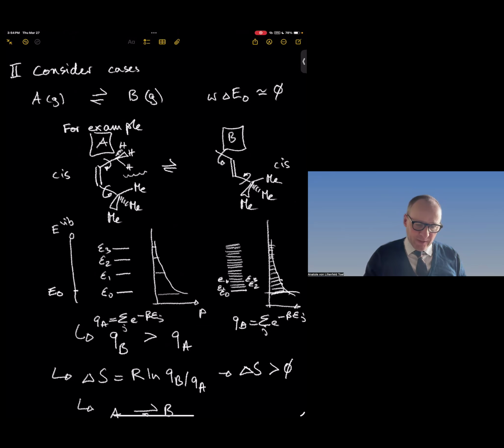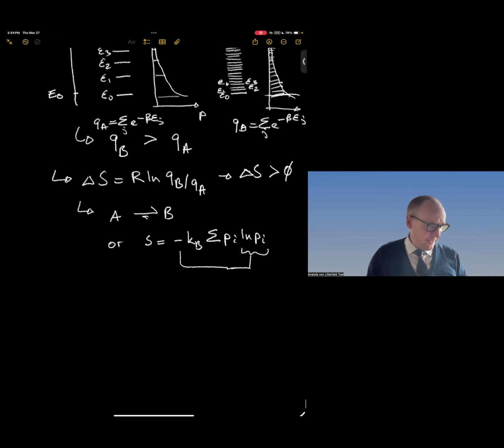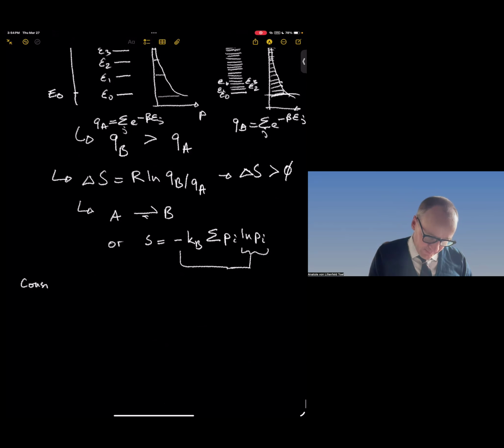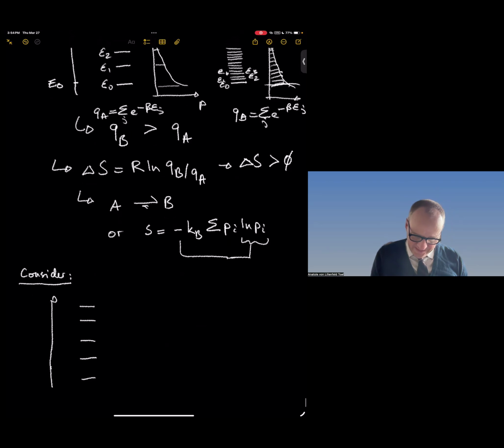So this was one case. Now let's consider another case. Again, two conformers, but now we would like a case with the spectrum where again one spectrum is not that dense, but now the dense spectrum is higher up.